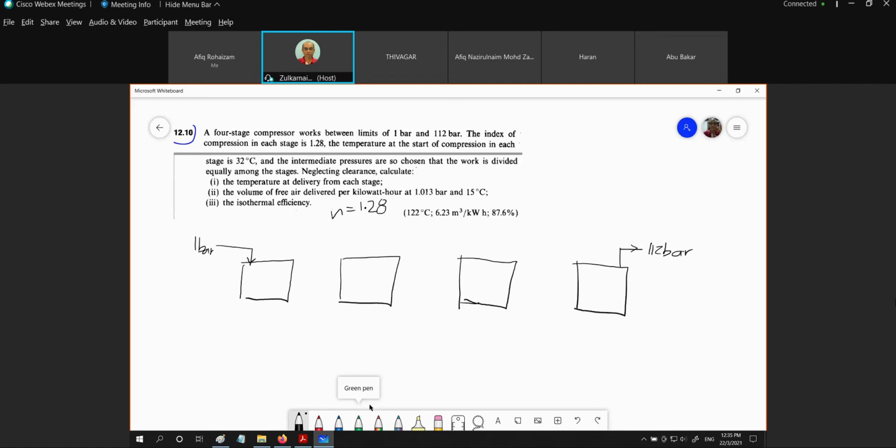Okay. It says the temperature at the start of compression. What does that mean?